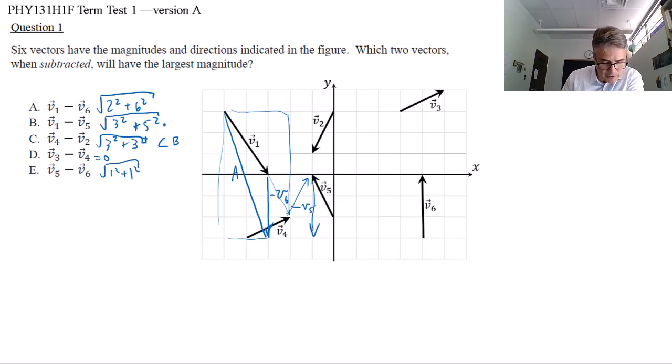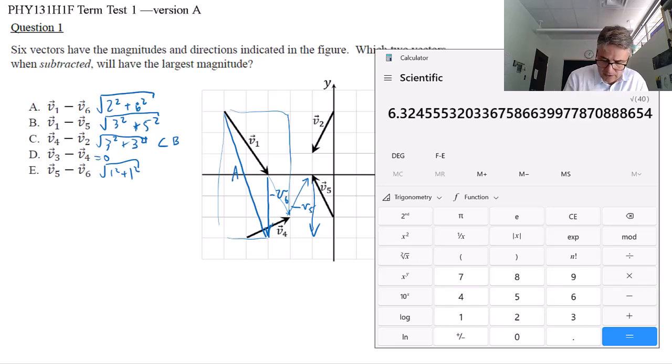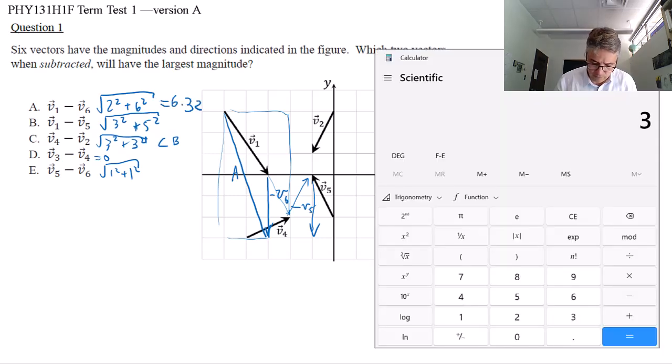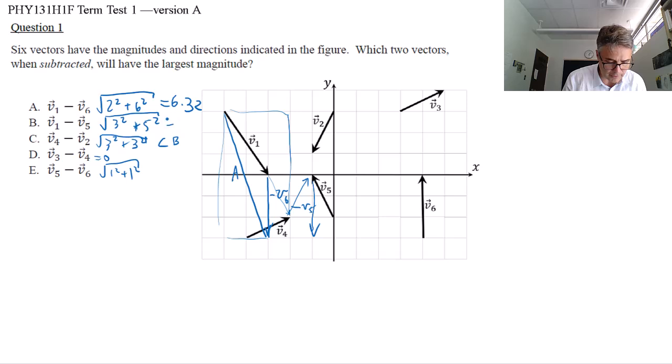So the only things I don't know are, let's actually work out the square root of 2 squared plus 6 squared. So this is 6.32, that is the magnitude. 3 squared plus 5 squared, the square root of that is 5.83.